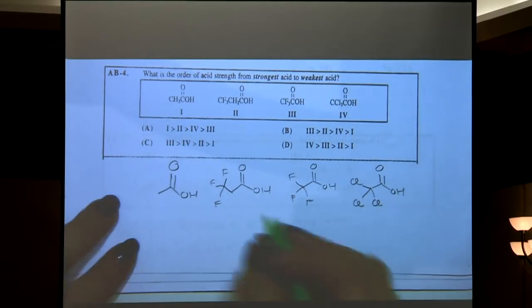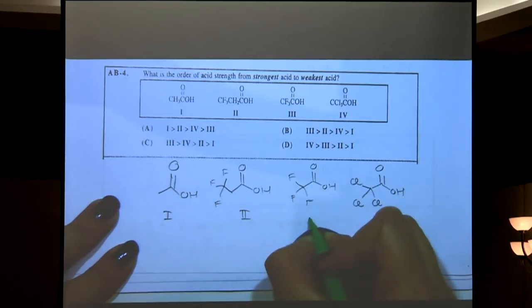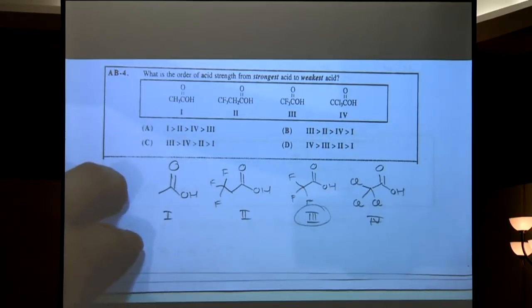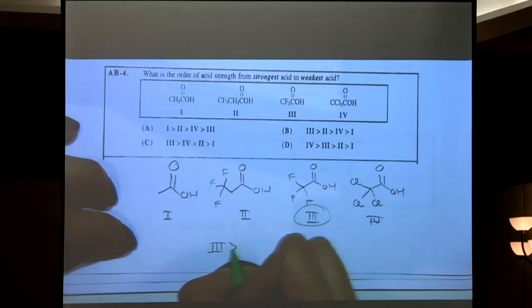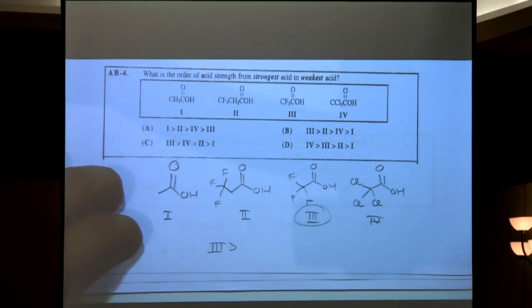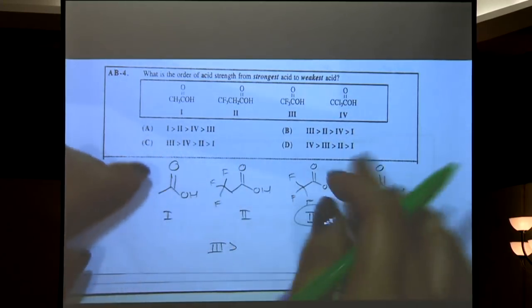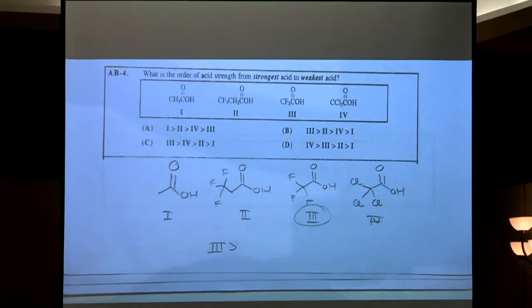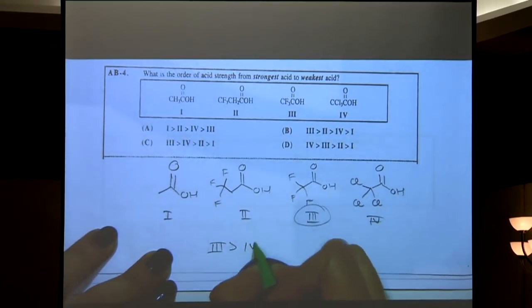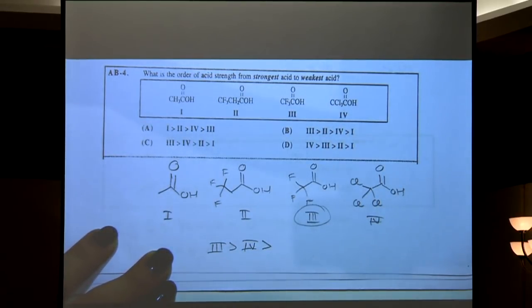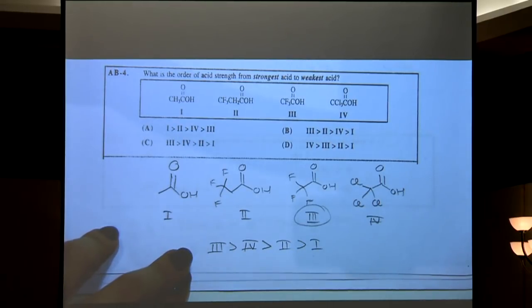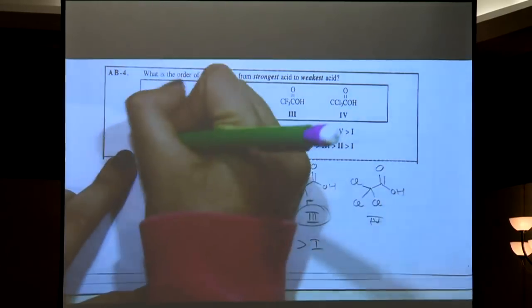So 1, 2, 3, and 4, which one's the strongest one? 3. All right, do you guys all agree with that? Cool. So start with 3. What goes next? 4. Okay, so why between 3 and 2, why did you pick 4 first? Yep. Cool. And then from there, it should be a little simple, so it should be 2, 1. And then that's answer C.